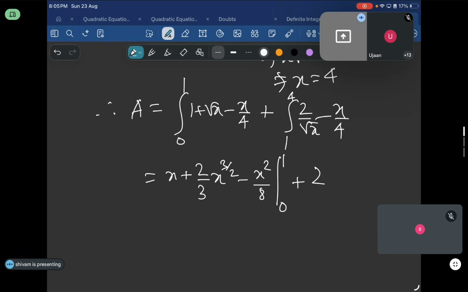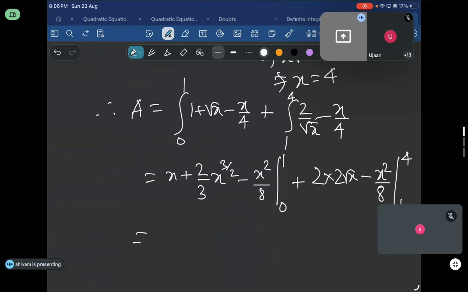So I'm getting 2 root over x, tell me everyone. Right, 2 root over x, minus x square by 2 into 4, 8. We need to substitute from 1 to 4.